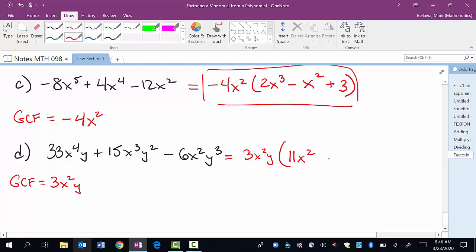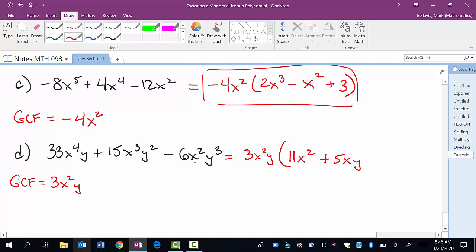So positive divided by a positive will keep this positive. 15 divided by 3 is 5. X to the third, taking out an x squared, leaves me with just x to the 1. Y squared, we took out one of the y's. That means there's still one y remaining, so y to the first power there. So 5xy is the middle term. Because remember, y squared minus, the 2 minus the 1 in the exponent here makes that just 1 left.